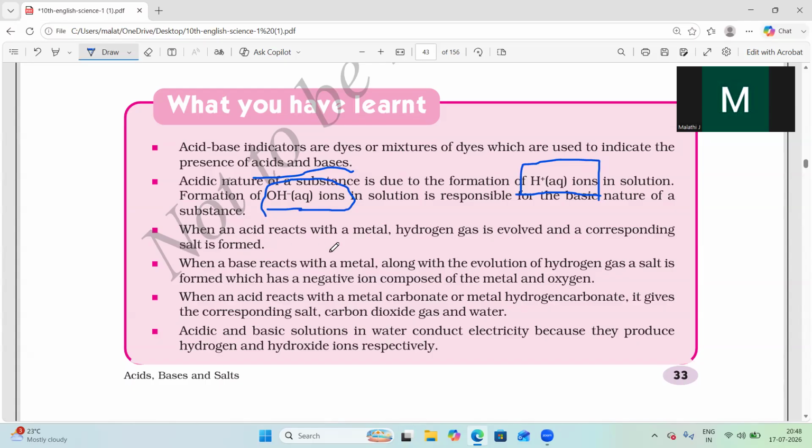When an acid reacts with a metal, hydrogen gas is evolved and a corresponding salt is formed. We already studied which metal reacts with which acid.